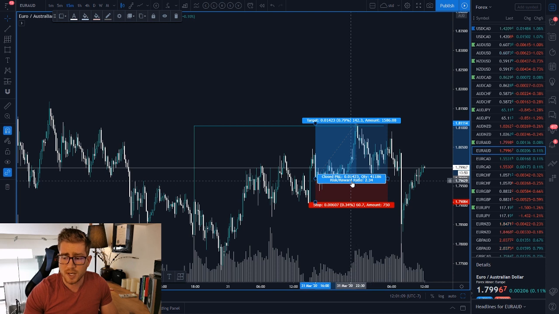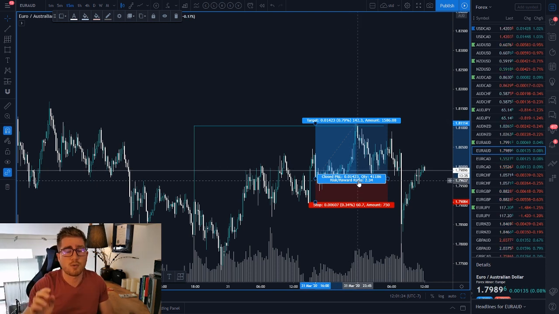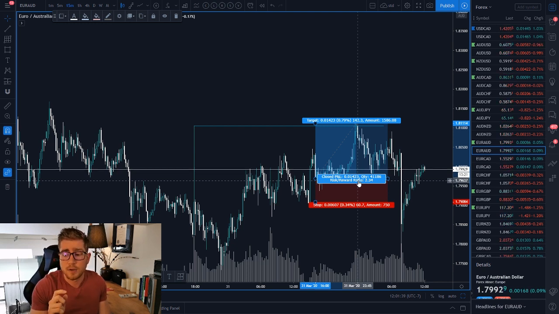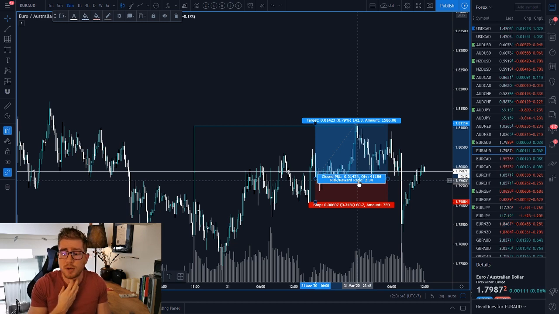So the risk is only what we have left to lose to the stop. So our risk is the current stop placement minus the R that we have unrealized. In this case, we have unrealized R of 2.34 and our stop placement is 0R. So 0 minus 2.34, our risk is going to be 2.34.